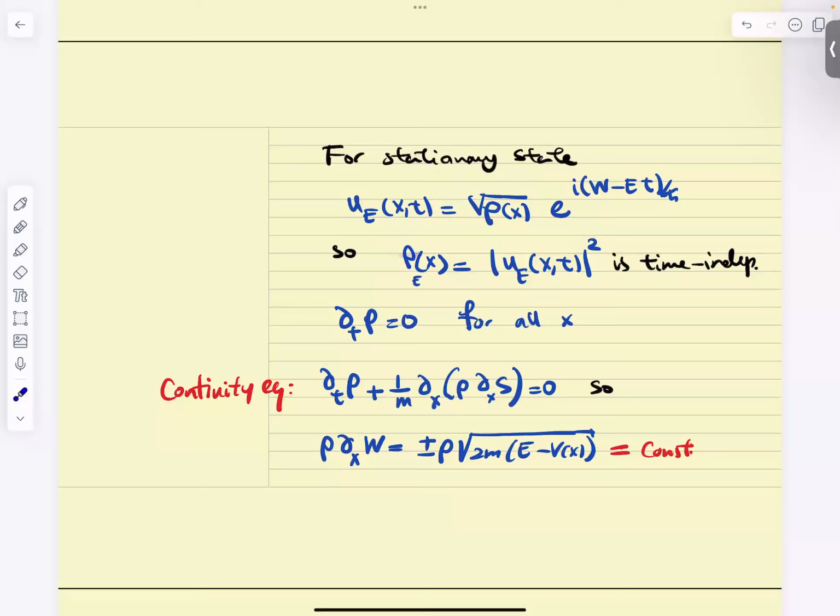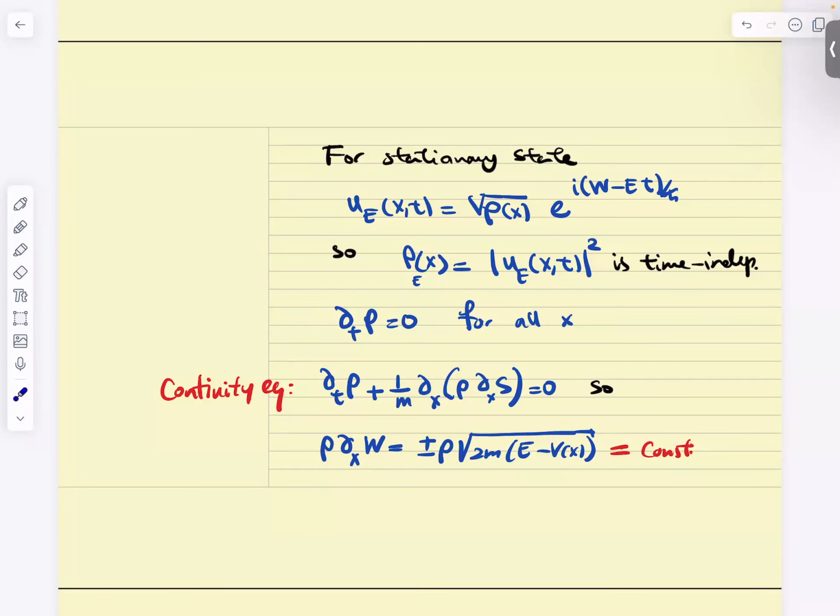For a stationary state, an energy eigenket takes this form, and I plugged in already the form we know for the phase. Rho is time independent. We argued for that. So del t of rho has to be 0 for all x, at every point in space, the probability density should be time independent.